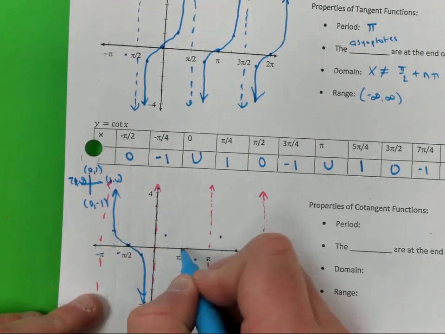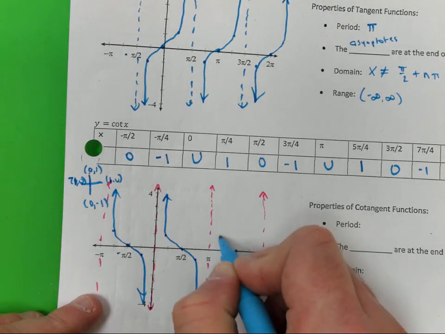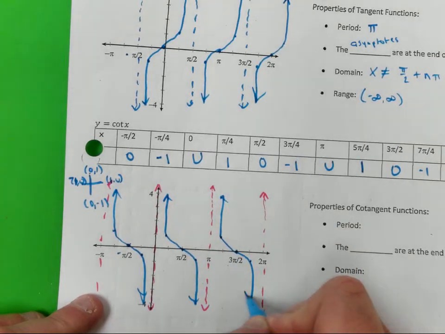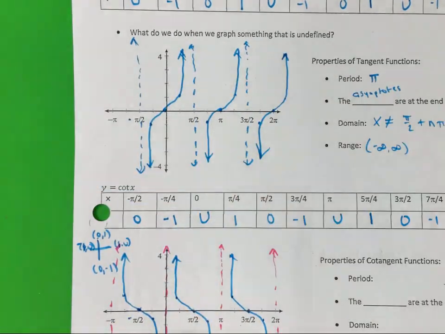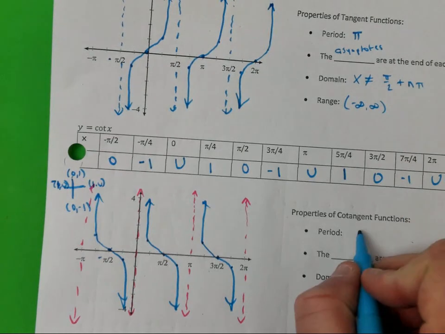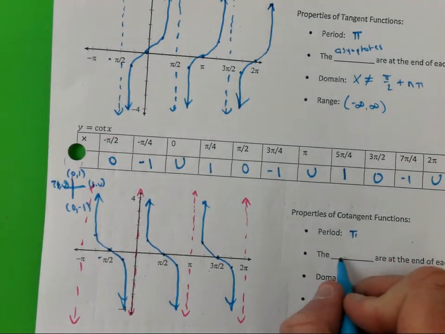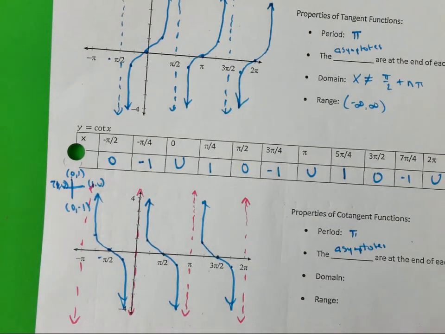You notice the shape of a cotangent graph. Like tangent goes like this, cotangent goes like that. The period of cotangent is pi. Once again, the asymptotes are at the end of each cycle.